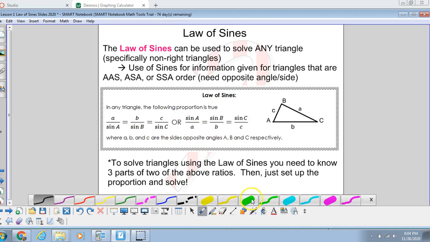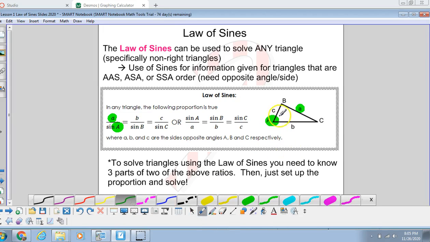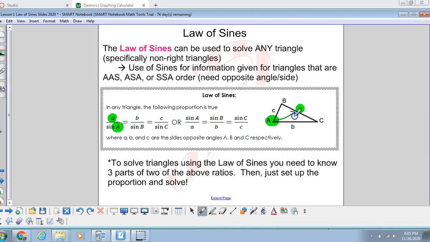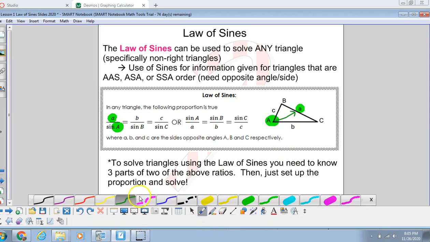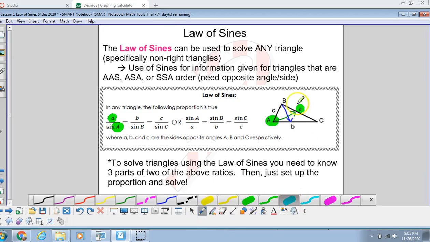So let's explore that for just a minute. When we're talking about A and sine A, angle A is over here, and lowercase letter a is just the side that is opposite that angle A. When we are talking about B, then the side that is opposite angle B would be denoted with lowercase b.